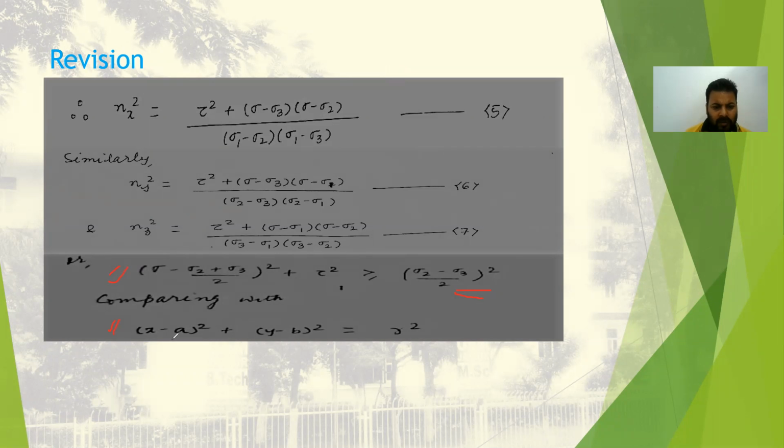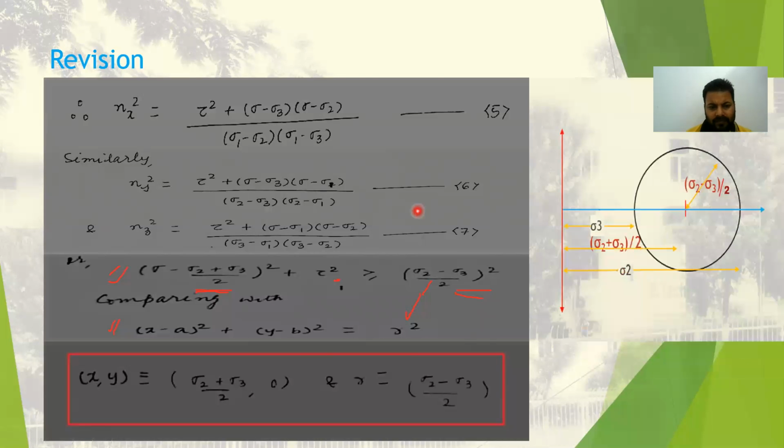In doing so, we found that (sigma 2 plus sigma 3)/2 is the x coordinate of the center, the y coordinate from this term came out equal to 0, and the radius of the circle is (sigma 2 minus sigma 3)/2. With this data we have drawn a circle. As you can see, the x and y coordinates are like this and the radius is (sigma 2 minus sigma 3)/2.